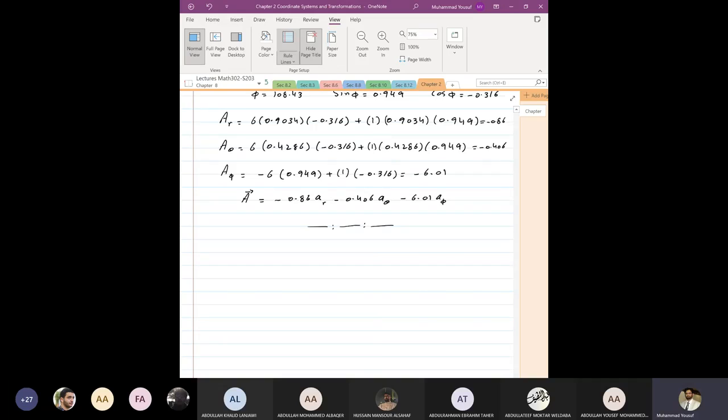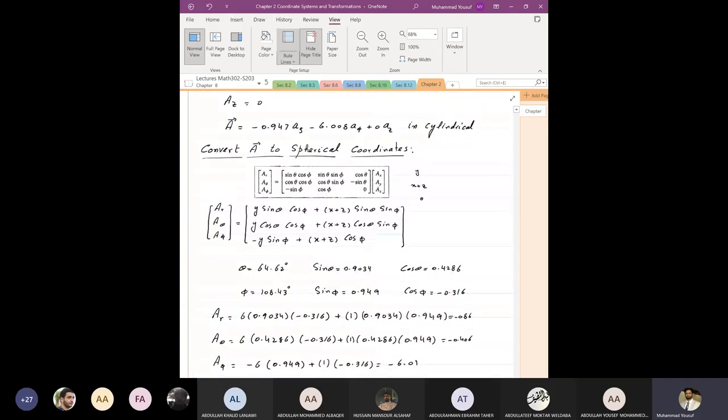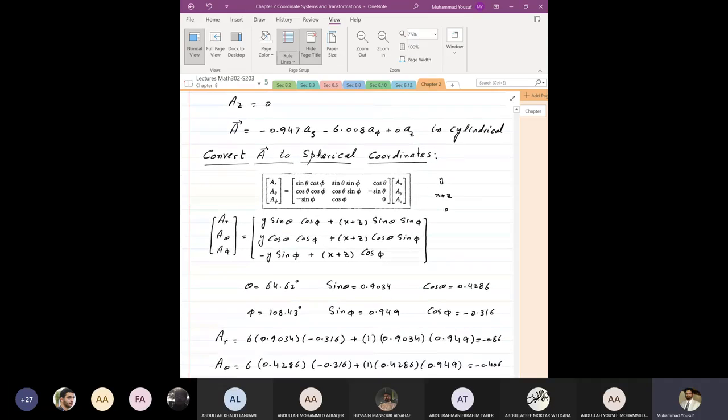You will leave the x component, rho component and the other components as they are. Before, we used x equal to negative 2, y equal to 6 and z equal to 3. But here in practice problem 2.2, you don't need to use that. You need to just convert into x, y, z.